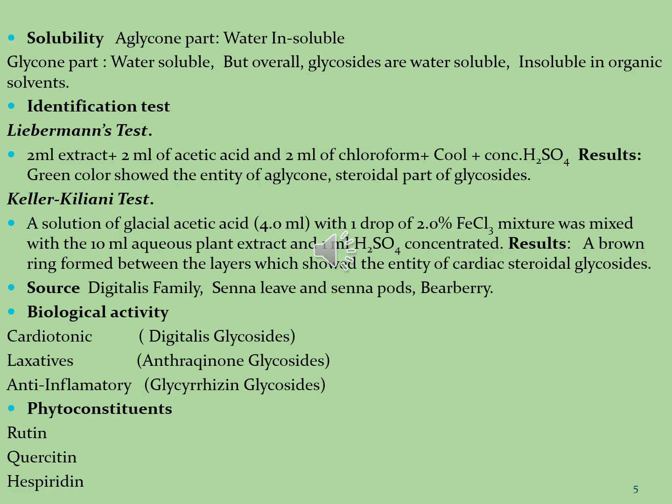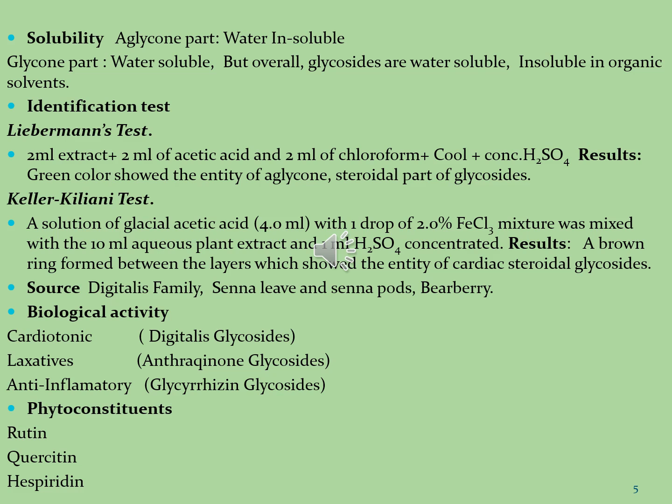and bear berry. When we see the biological activity, it behaves as a cardiotonic agent, which is due to the presence of Digitalis glycosides, and it behaves as a laxative due to the presence of anthraquinone glycosides, and it works as an anti-inflammatory agent due to the presence of glycyrrhizin glycosides.